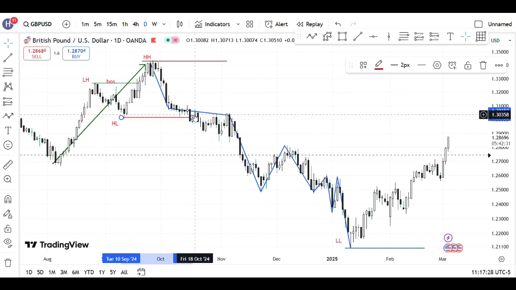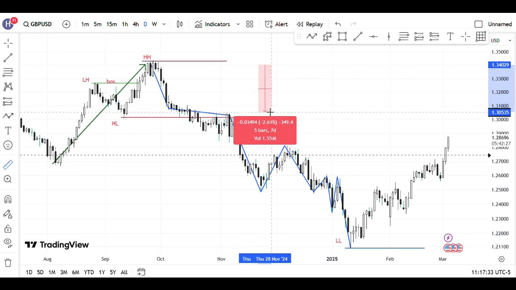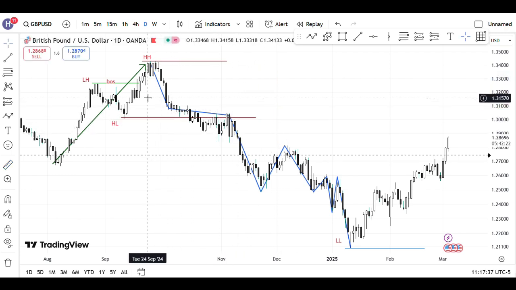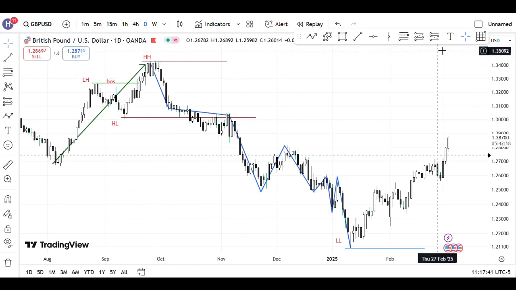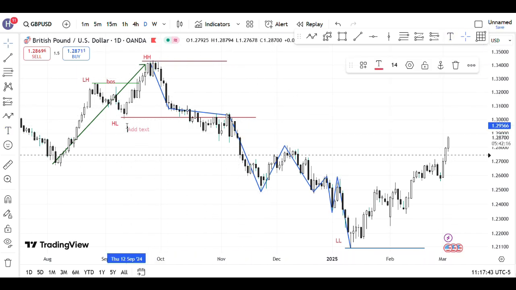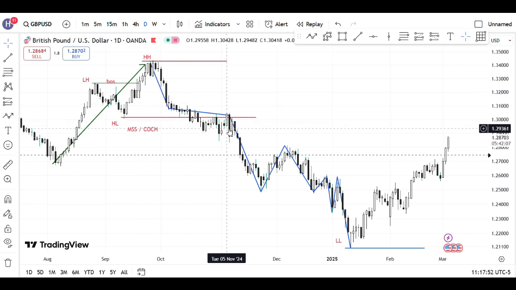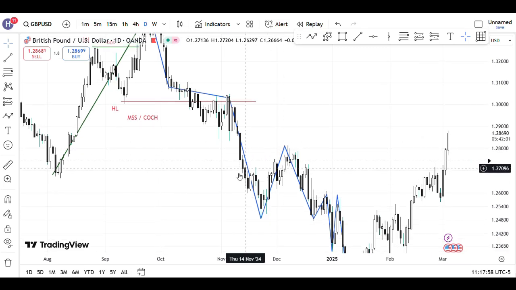So that means this pattern broke down and shifted. That is called market structure shift or CHoCH, change of character, right? So we can get a nice trade from here, like this candle.